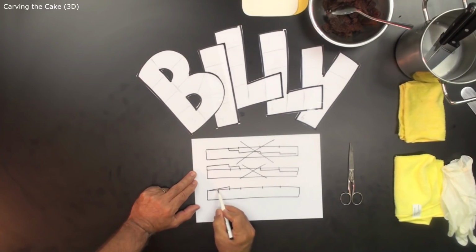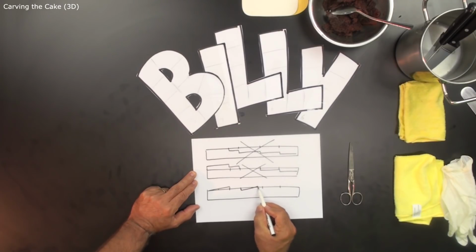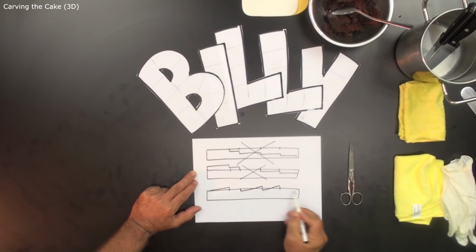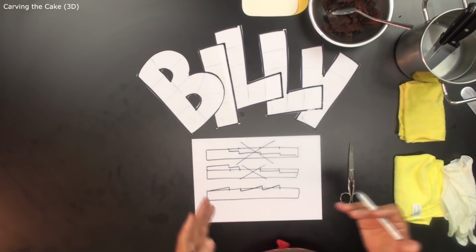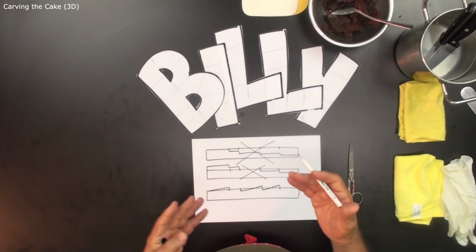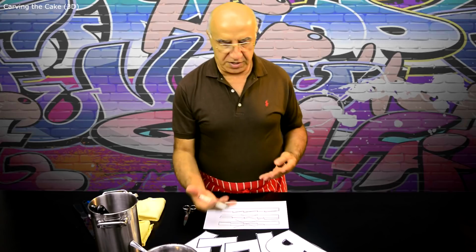So maybe I just cut from here a little bit, add inside here a little bit, from left to right. After that I will do the same thing over here, carve from the center of the L and add on the other side, and this one again like that, and this one probably keep it straight. So that kind of arrangement will give me that illusion that every letter is standing on top of each other.